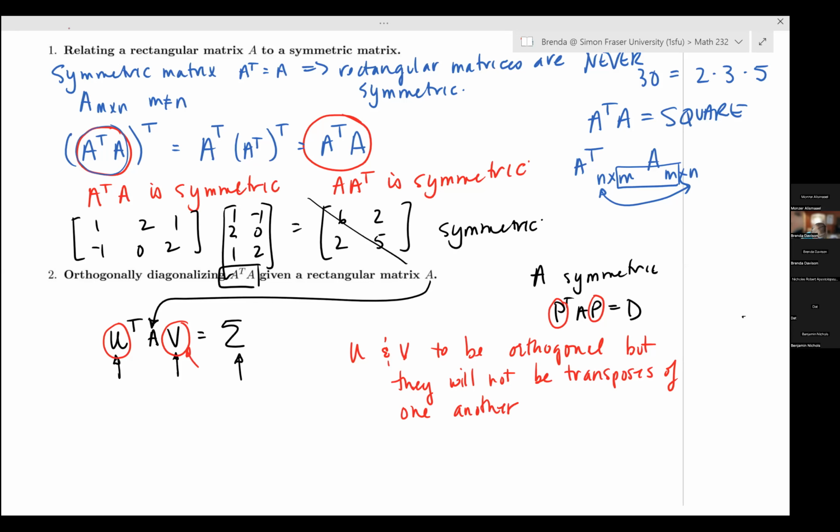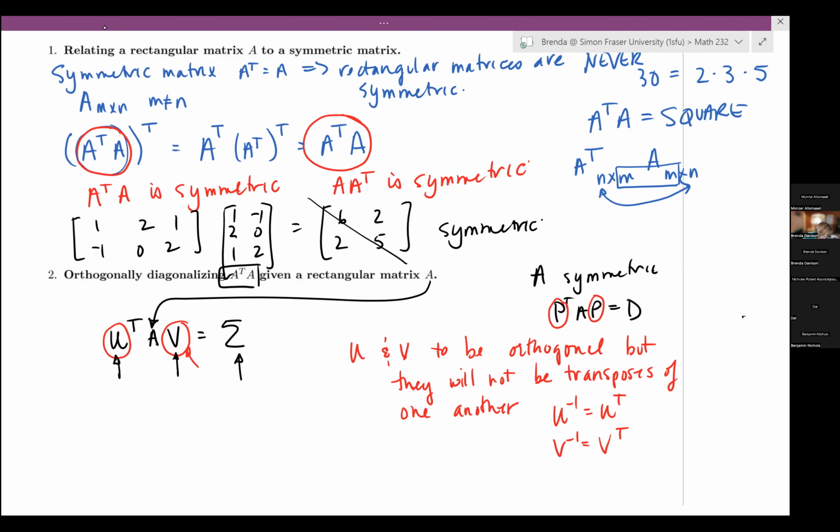So they are orthogonal, so we have this feature, but it is not the case that U is V transpose. Don't get confused yet, Martin. Not confused. It's not just a notation.